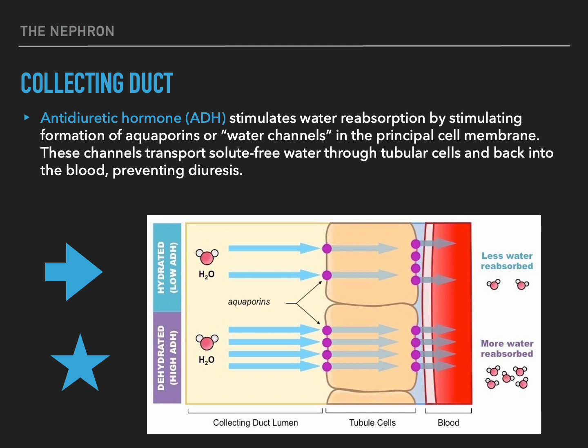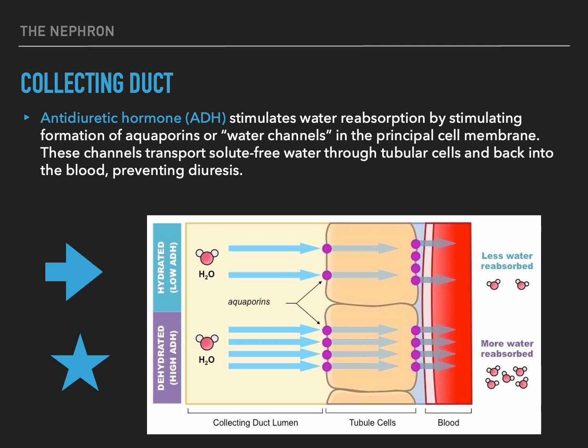Looking at the chart where the blue arrow is pointing, this is showing a hydrated state where you would have low antidiuretic hormone in the bloodstream, resulting in less water being absorbed back into the bloodstream.